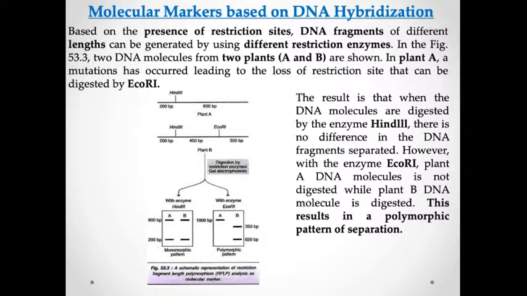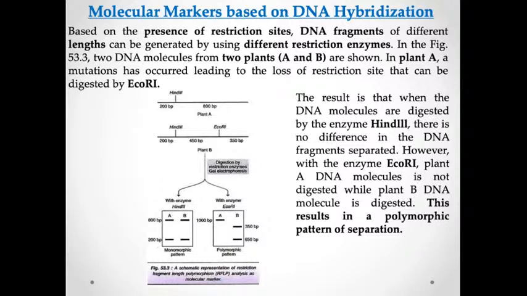So when we put them through gel electrophoresis after adding these restriction enzymes, on the left-hand side we see a monomorphic pattern. When we add the restriction enzyme, mainly HindIII, there are two bands, 200 base pairs and 800 base pairs, for both plant A and B. Whereas in the second case, the polymorphic pattern, plant A is around 1000 base pairs, while plant B has 350 base pairs plus 650 base pairs.